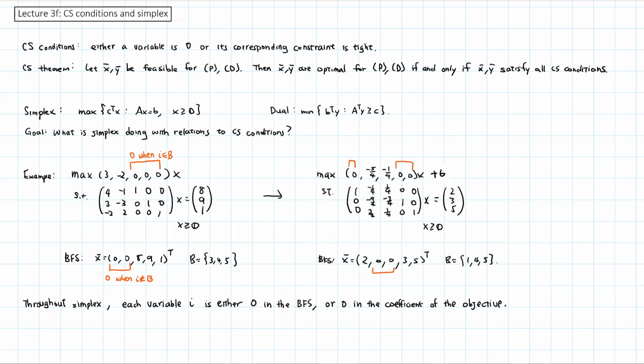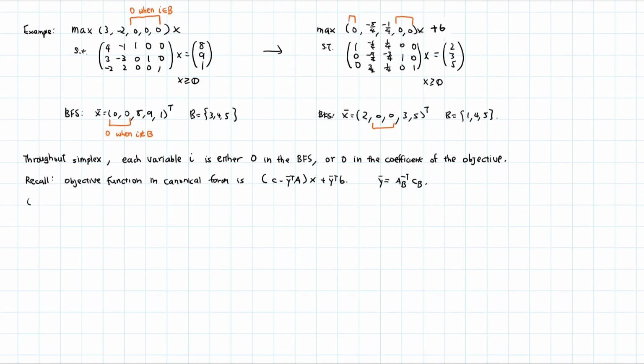Now, let's look at what it means to have a 0 in the coefficient of the objective function. Let's recall the objective function in canonical form. It is (c minus y bar transpose A) times x plus y bar transpose b, where y bar is equal to A_B minus transpose c_B. So then, having 0 in the coefficient of xi implies that ci minus y bar transpose Ai is equal to 0.